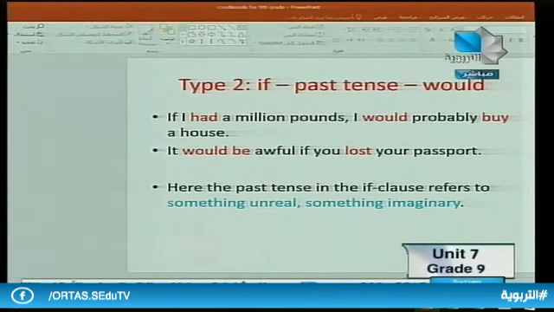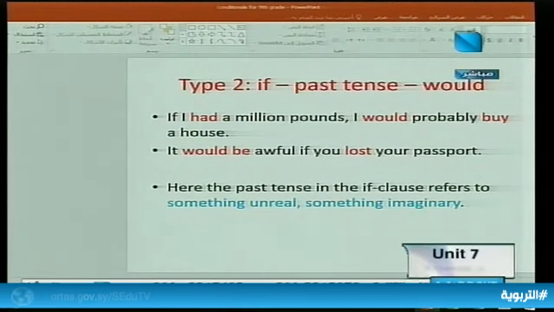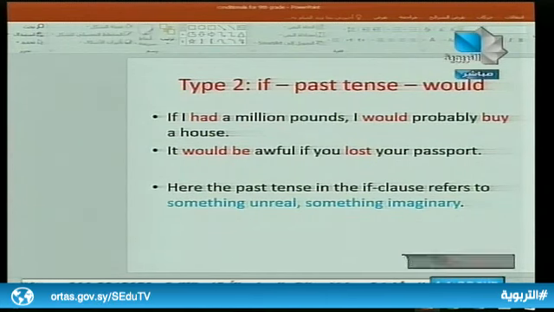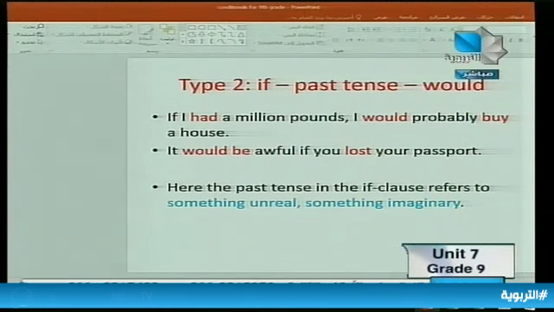Very nice. Another example: it would be awful if you lost your passport. So I'm imagining that you may lose your passport, and what will happen in the future if this happens. But this is imaginary, so you don't use the present. We use the past. It would be awful if you lost your passport.